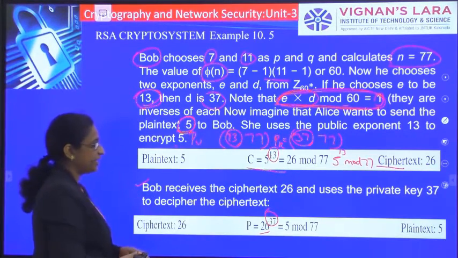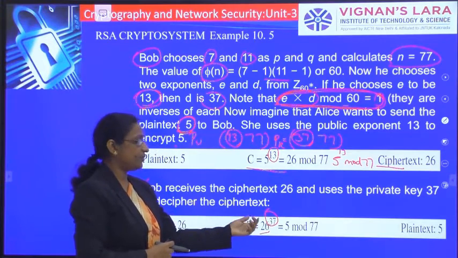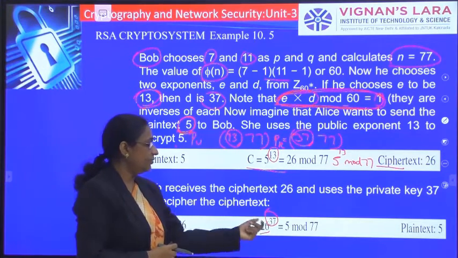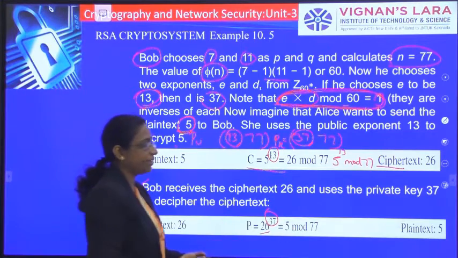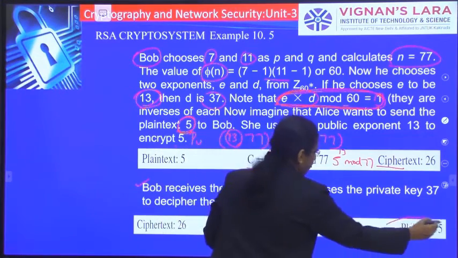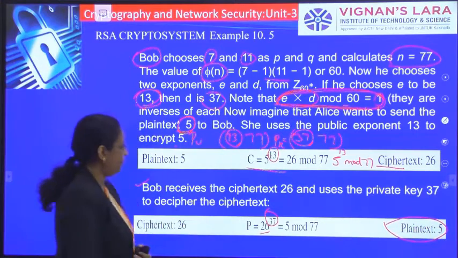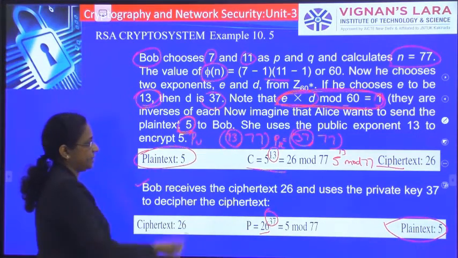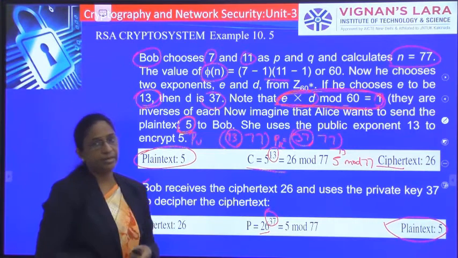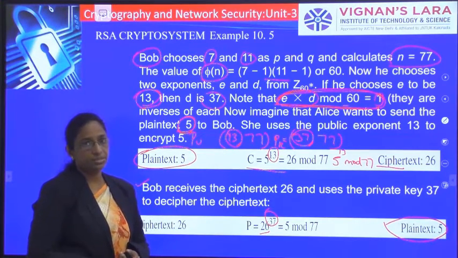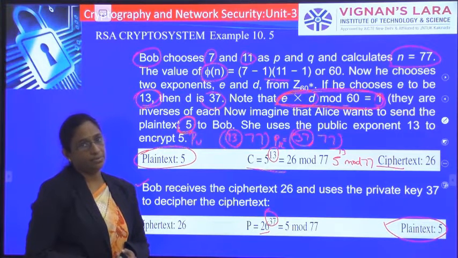So 26 to the power of 37 mod 77 gives us 5 mod 77. So he has retrieved the plain text which Alice has sent. That is the RSA crypto system for encryption and decryption using a public key crypto system.